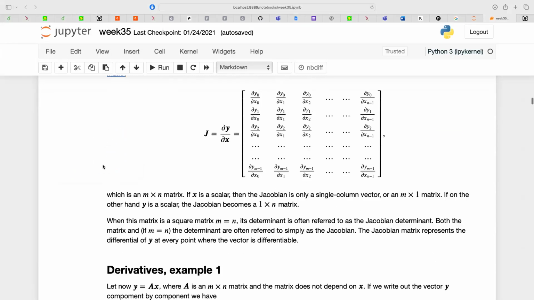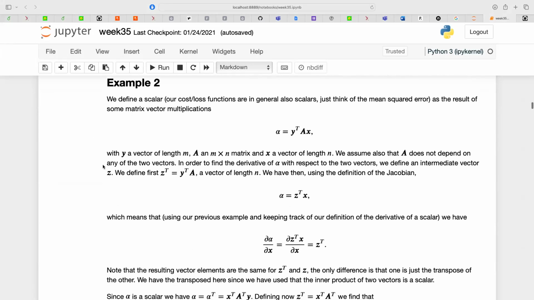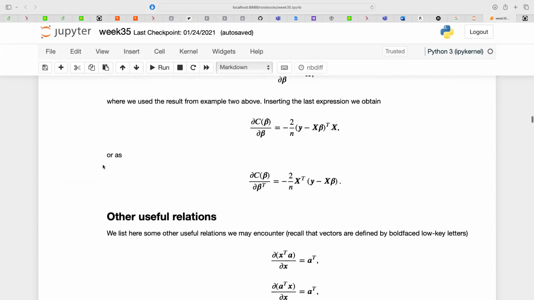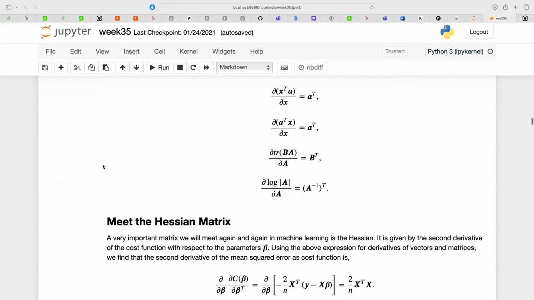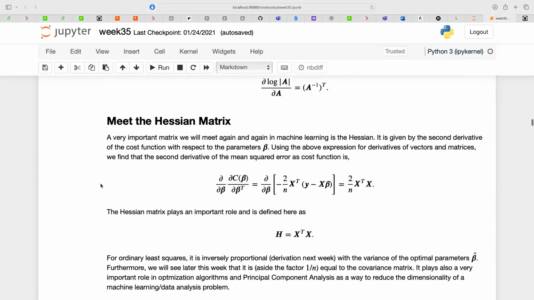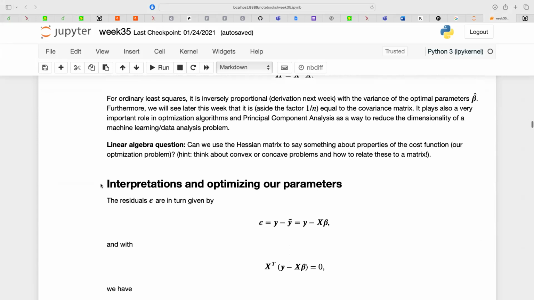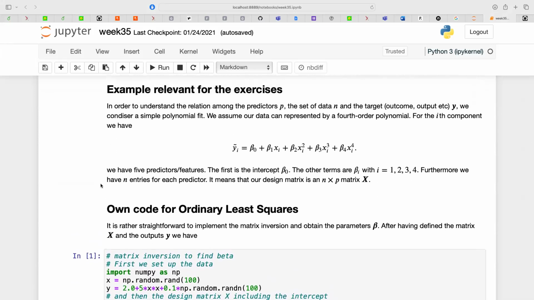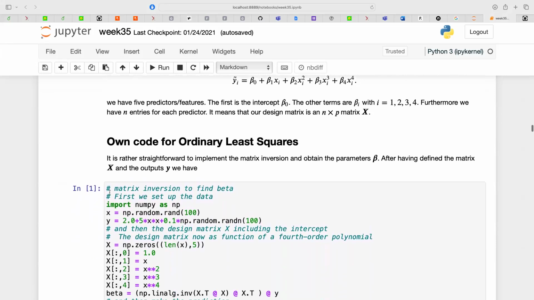So if we scroll down a little bit here, you can look at these examples and some other useful relations. And we have also the Hessian matrix. But the idea now is to take a look at the example for the exercises. The kind of exercise which we wanted to do is one where we have decided what the input looks like.